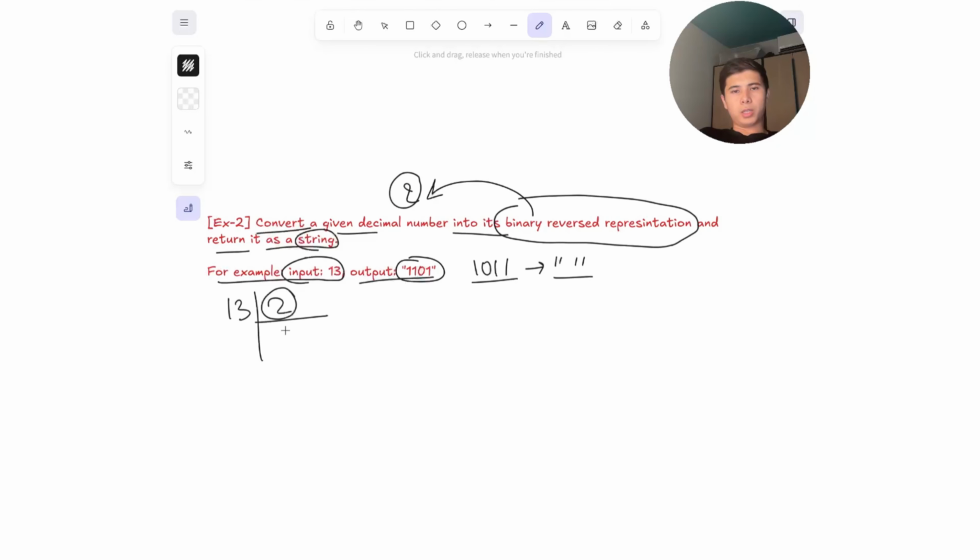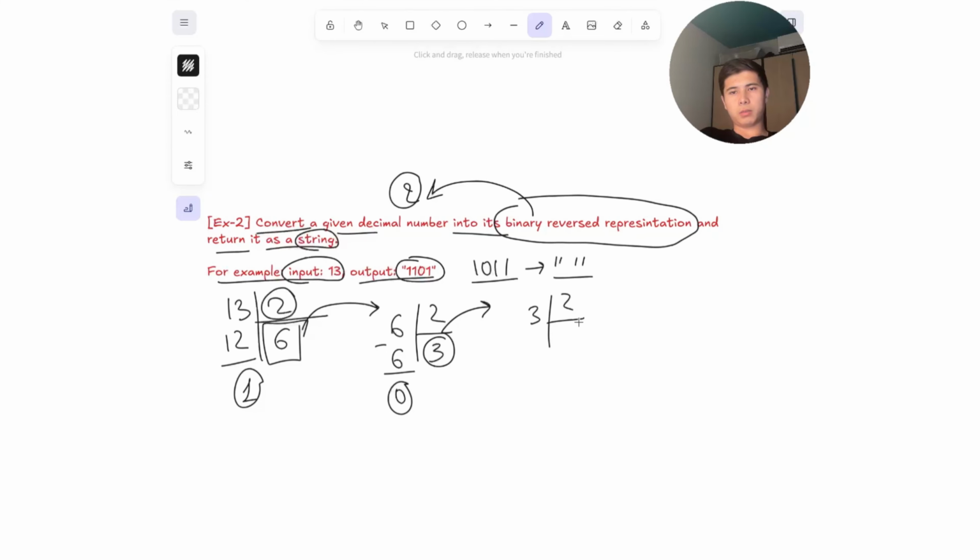The quotient will be 6 and the remaining part is 1. We keep continuing until our quotient becomes 0. 6 divided by 2, the quotient is 3 and the remainder is 0, and then we continue with the number part. 3 divided by 2, the quotient is 1 and remainder is 1. This is the first, second, third iteration.